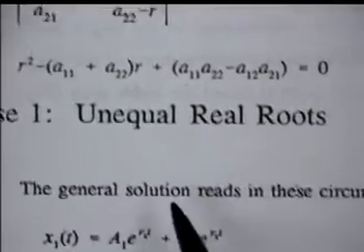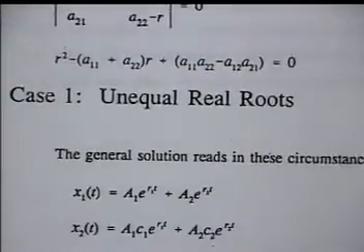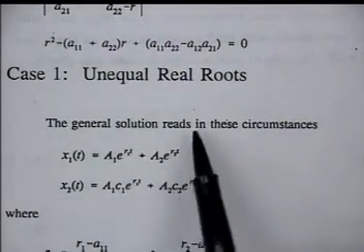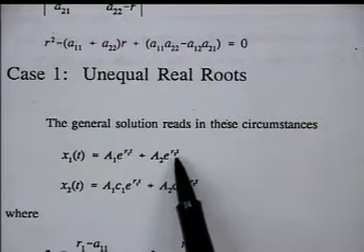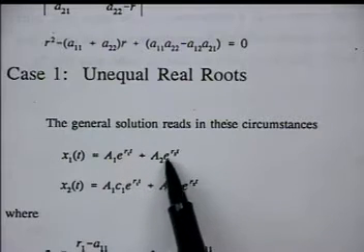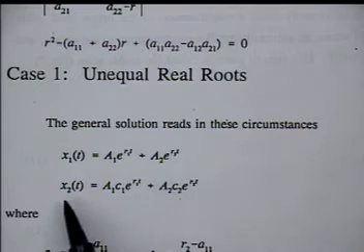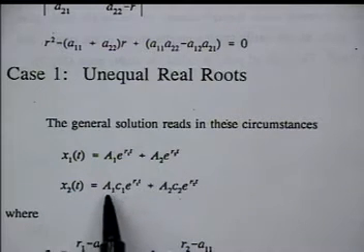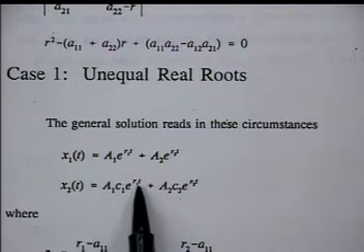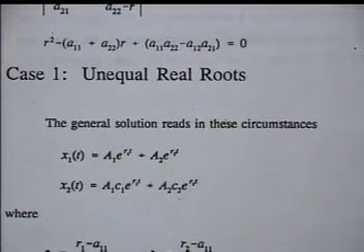Okay, there could be several cases. Unequal real roots, meaning r1 and r2. Then x1 equals A1 e to the power r1 t plus A2 e to the power r2 t. And then x2 equals this, A1 times C1 e to the power r1 t plus A2 times C2 e to the power r2 t, where C1 and C2 are given.